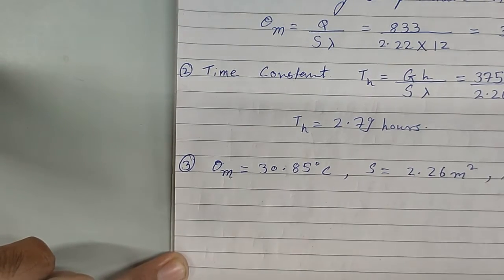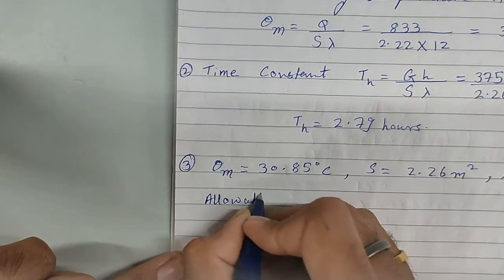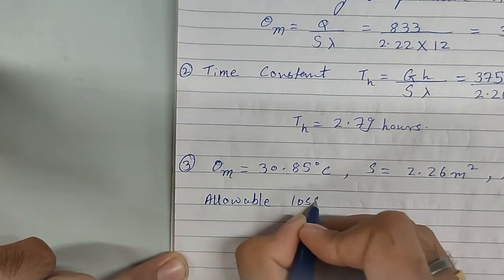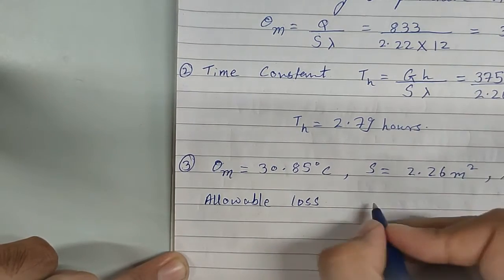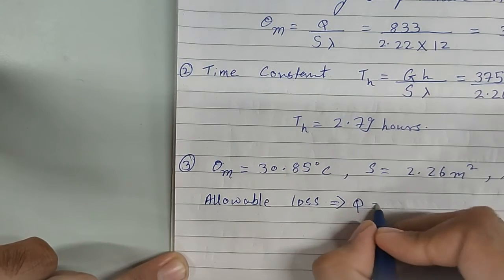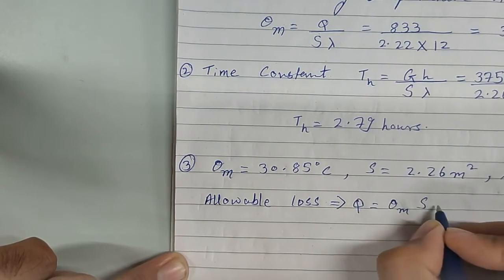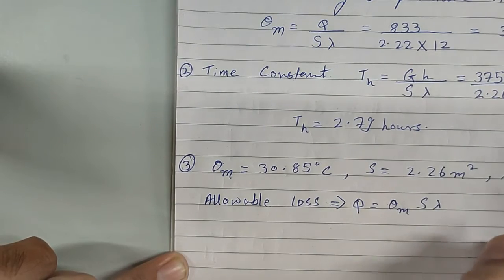In this case, for the allowable losses, making Q the subject of the equation, Q is nothing but theta m into S into lambda.